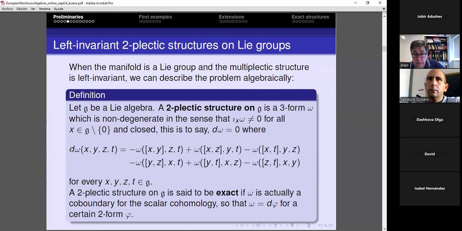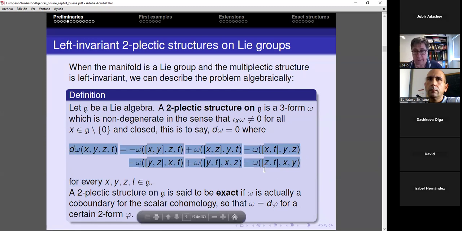The condition to be closed, this is to say to be a 3 cocycle, is the one that appears here.